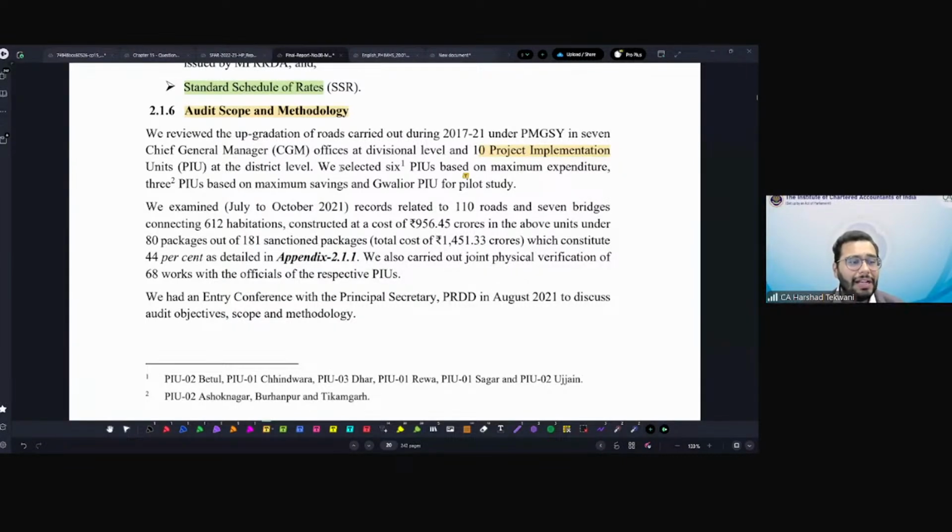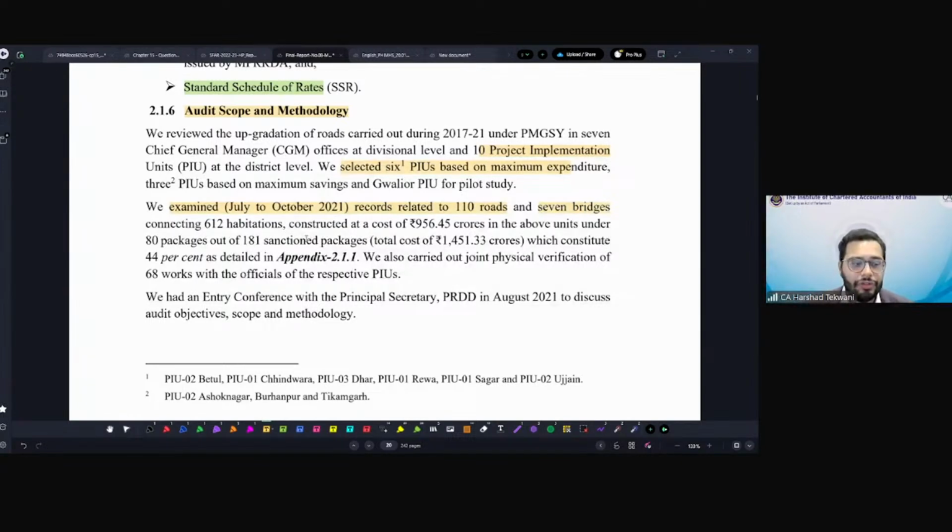They will take up some 100 and examination of records related to 110 roads, 7 bridges, 612 habitations. Here, these are my samples. I'm talking about what I will test. I am talking about testing of the records. So I will decide here.